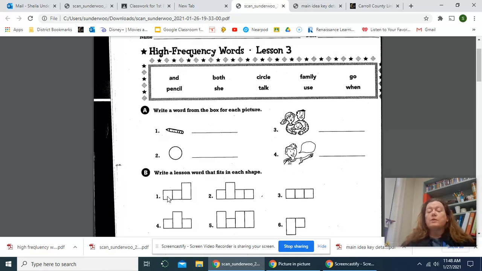We're looking for a word that has two letters that are the same height and one letter that goes tall to the top. So and has two letters that are the same height, and the third one goes tall. She has two letters, but they are split by the one that goes tall. So it doesn't go tall on the third spot, it goes tall on the second spot. And then use has the same size letters all the way across, okay?